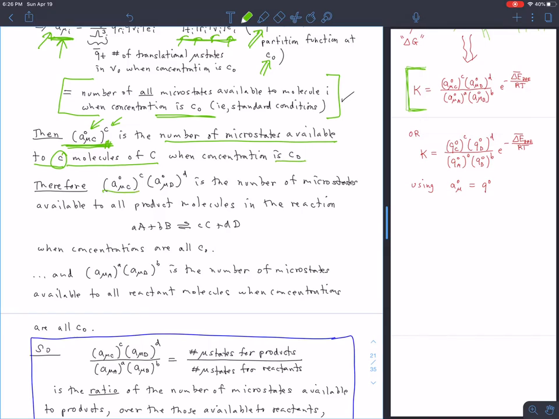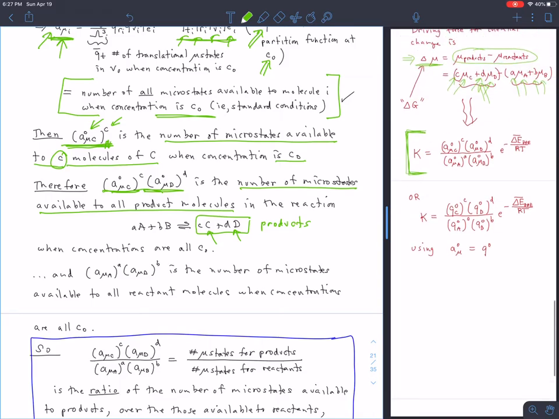If I do the same thing for D and then multiply all that together, that's the same as the number of microstates available to all the products at once. It's the number of microstates available to c molecules of big C and d molecules of big D all at once. So this is just the number of microstates available to the product molecules, period.